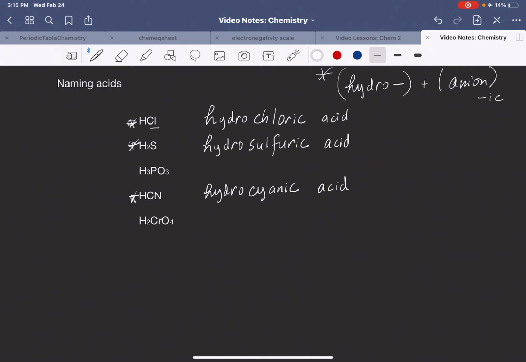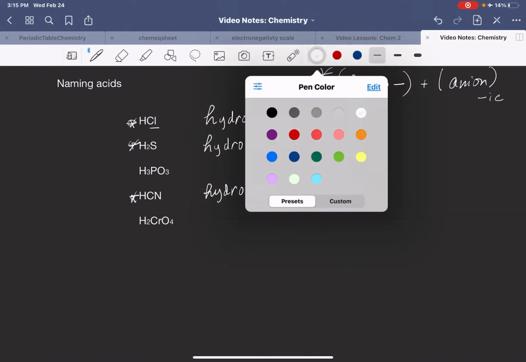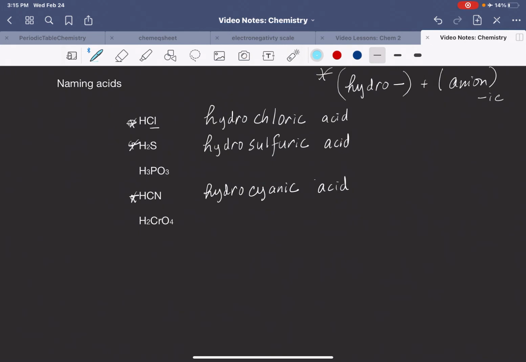All right. So now let me change colors here just so we have some contrast for you. Now there's a couple rules to remember: ate, ic, ite, ous.